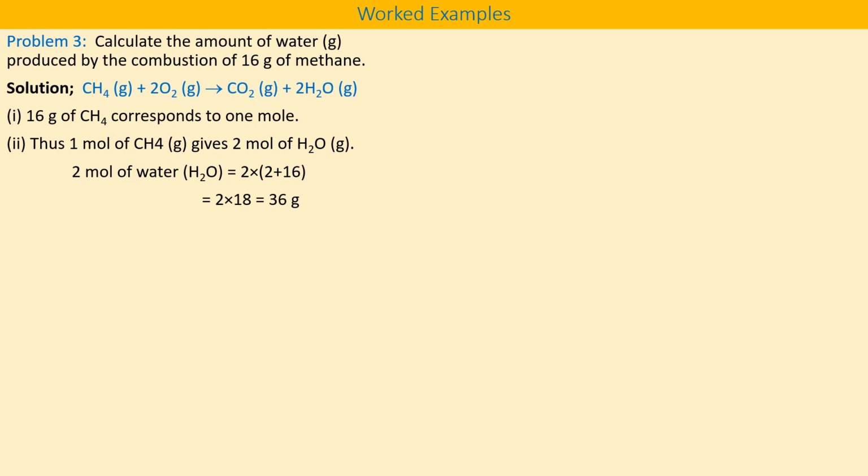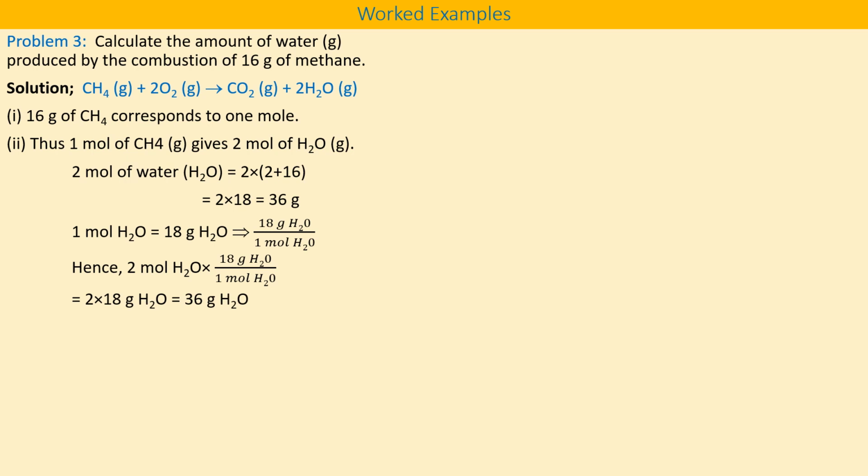and 1 mole H2O equals 18 gram H2O, that is 18 gram of H2O divided by 1 mole of H2O. Hence 2 mole H2O into 18 gram H2O divided by 1 mole H2O equals 2 into 18 gram H2O, that's equal to 36 gram H2O.